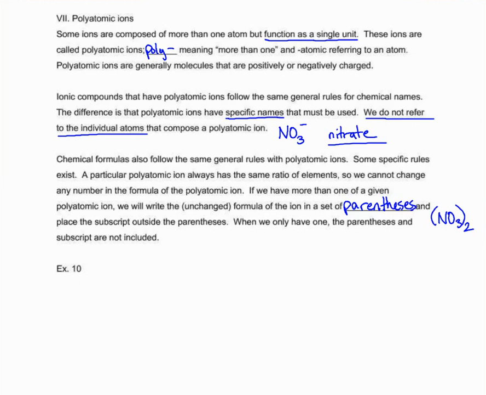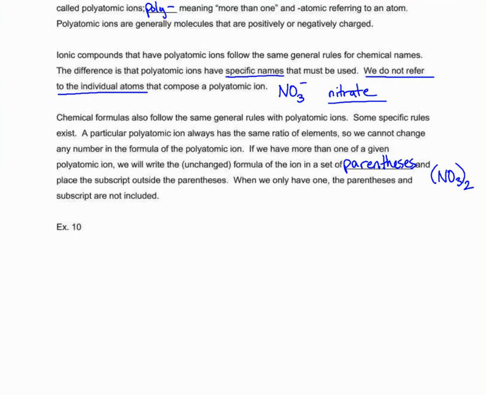All right, so let's look at a few examples here. So if we have a compound that is sodium ions and nitrate ions. So nitrate, as we've already discussed, is NO3 with a -1 charge.